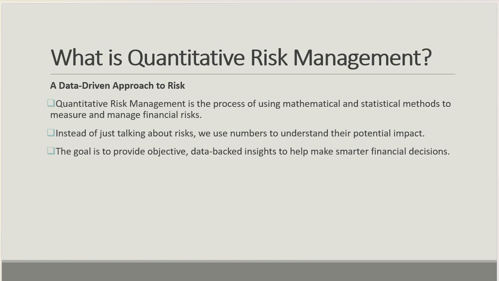Banks, financial institutions, insurance companies, and hedge funds want people who can use mathematical and statistical techniques, functional knowledge, or AI/ML techniques to measure and manage financial risk with a data-driven approach.